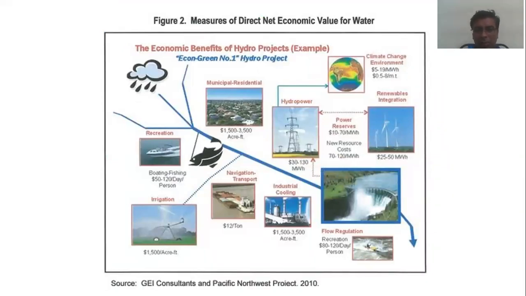So these are the major benefits of water. Examples: recreation, that is municipal, residential, it needs drinking water and washing purpose. And for navigation, again, the water is essential. In hydroelectric power generation and everything.